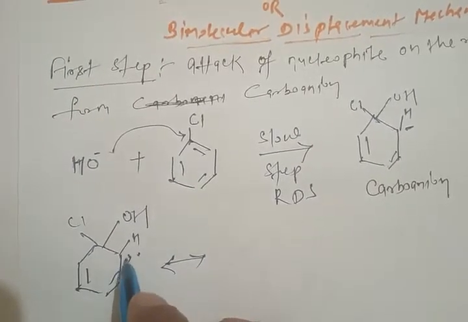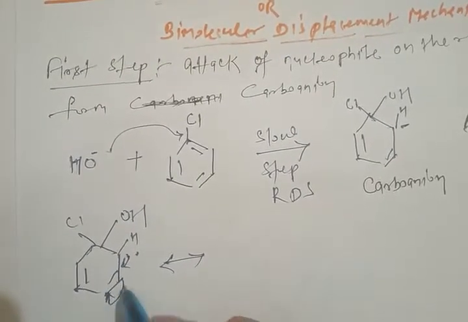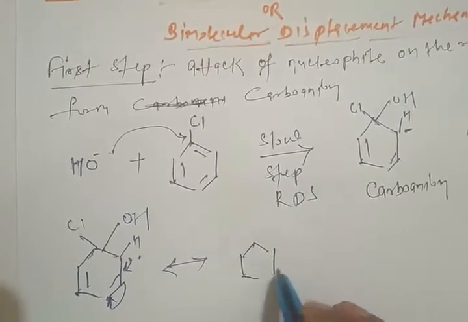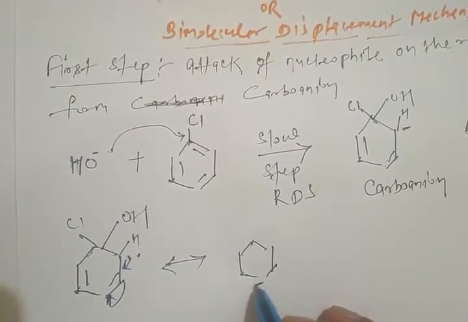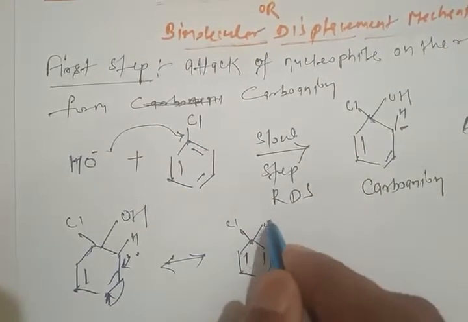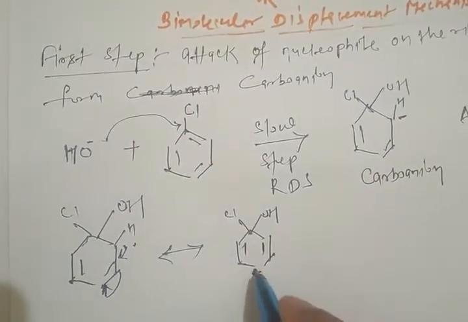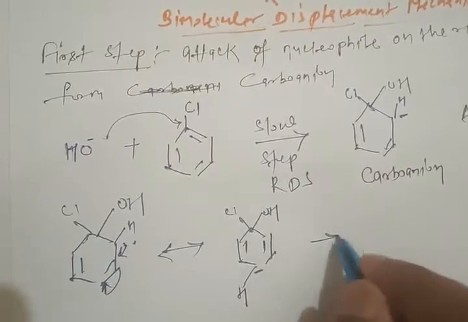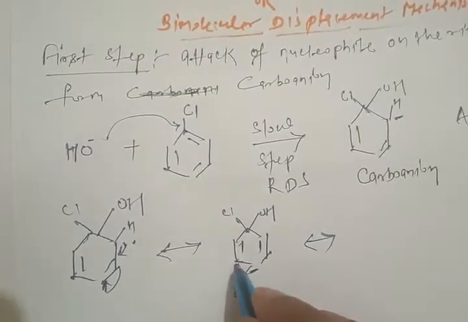This negative charge moves to this side, pi and pi, Cl OH, then the hydrogen comes to this side, and this moves to this side.